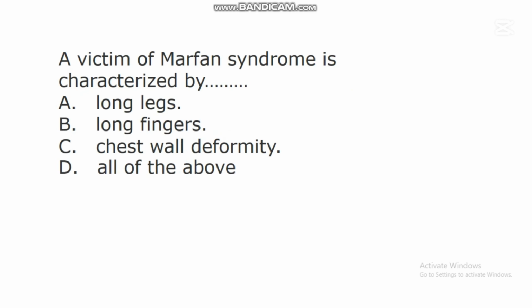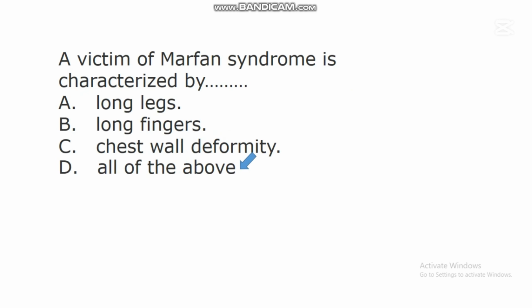In this question, the correct answer is D. All of the above. Research has shown that people who suffer from this Marfan syndrome experience certain things. A victim of Marfan syndrome is characterized by long legs.